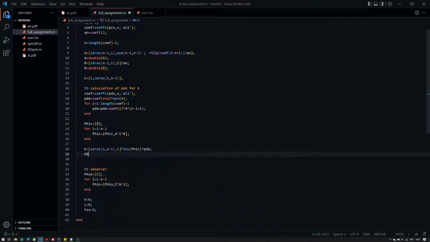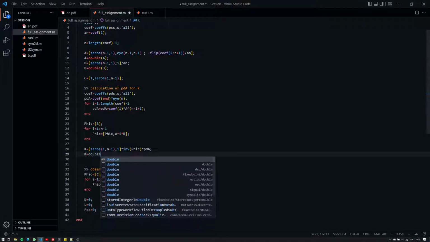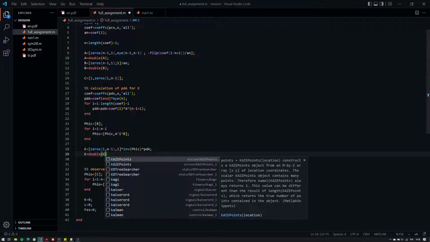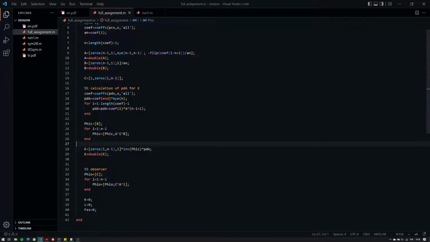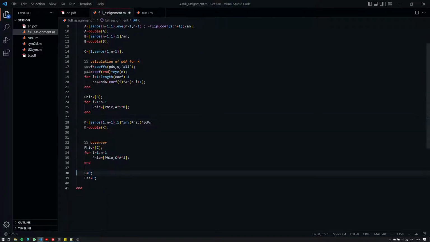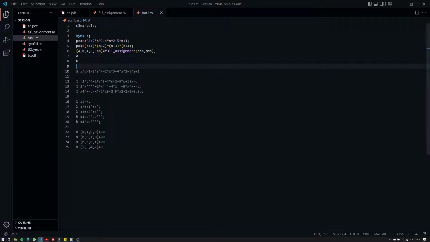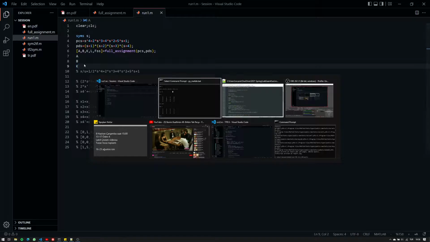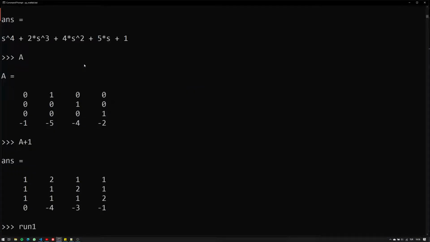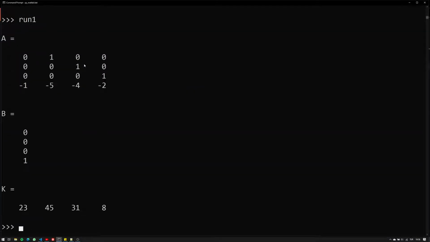I'm not really sure if this is a symbolic expression anymore. So to be safe, I can just do this conversion and we should be good to go with k. So I want to see what k is now. K is this.